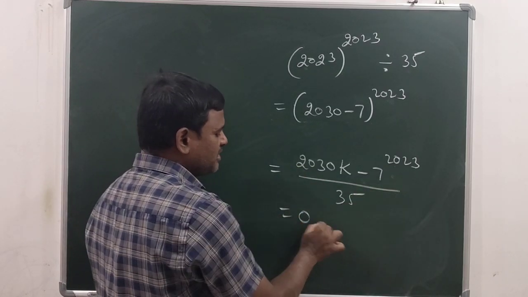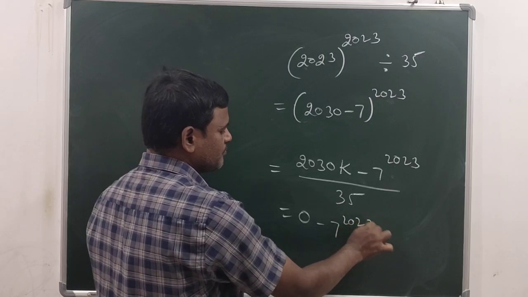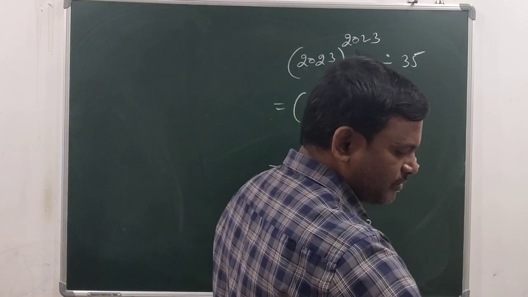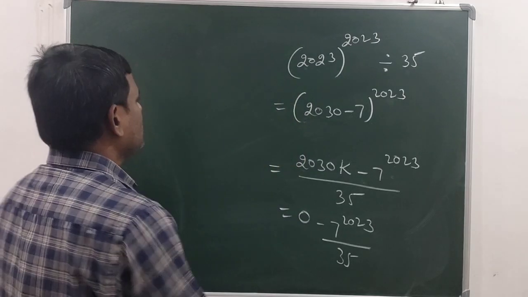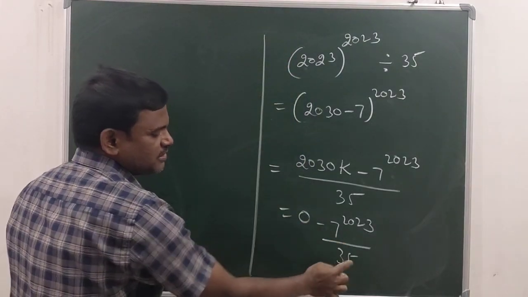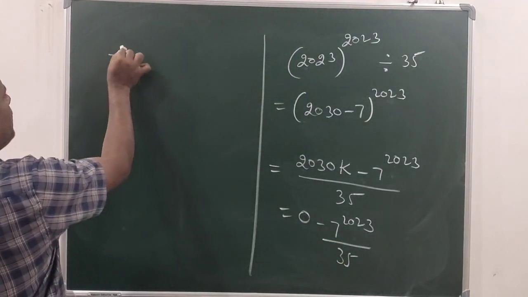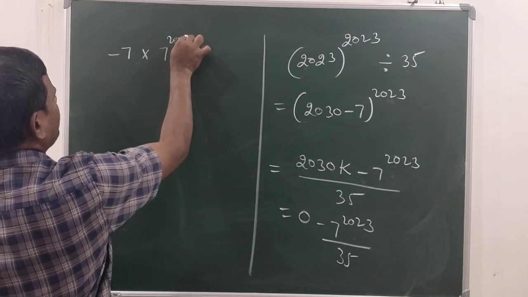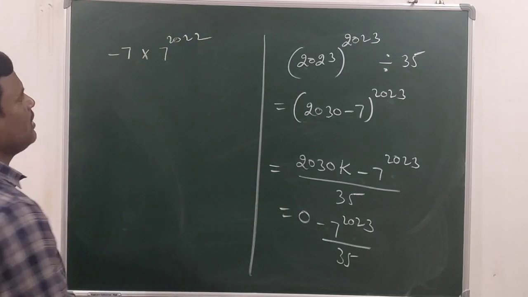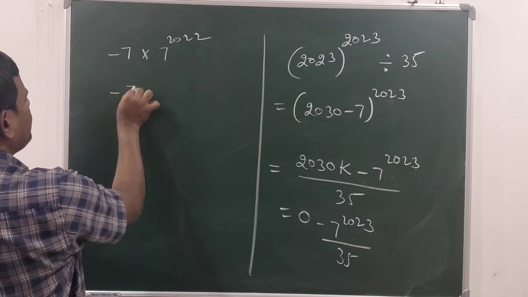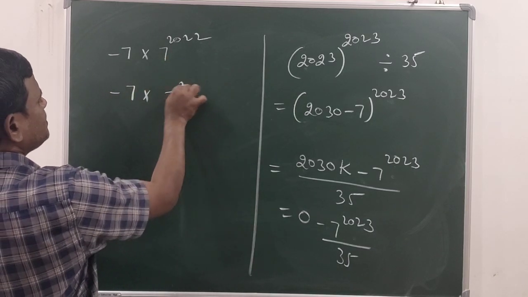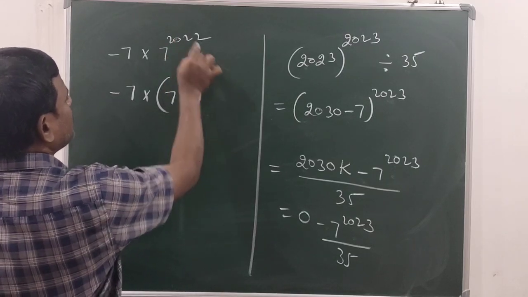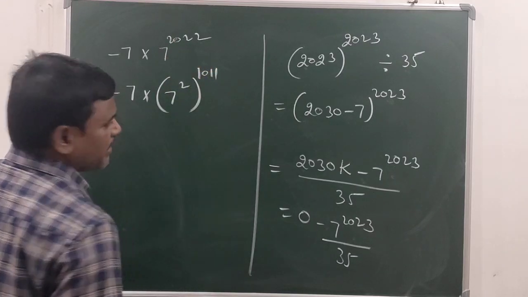Now we have to divide this with 35. So how am I going to divide this? See, observe me. Minus 7 into 7 power 2022 you can write. In the next step, I would like to write this as 7 square whole power 1011.